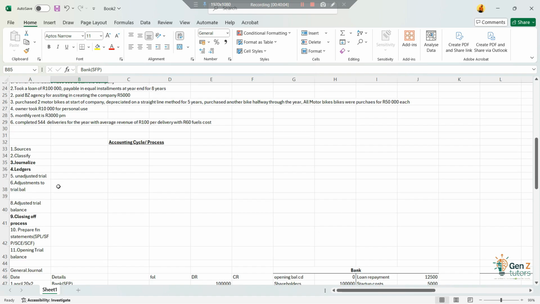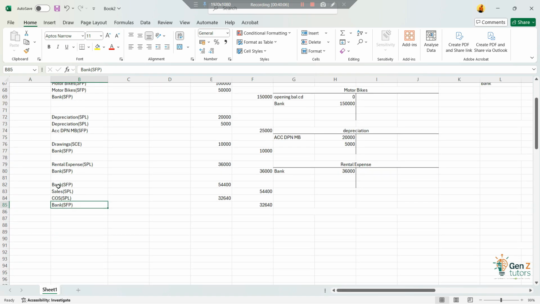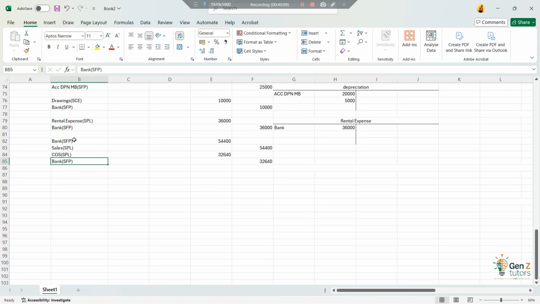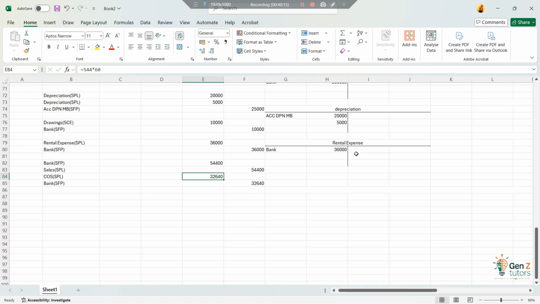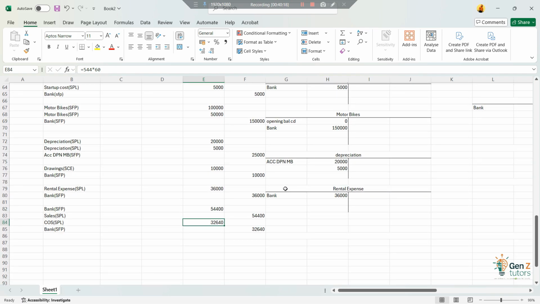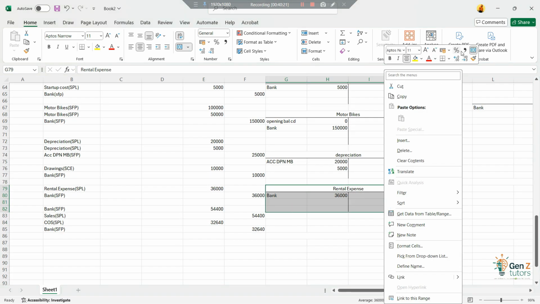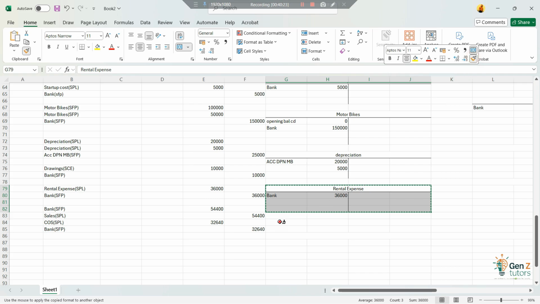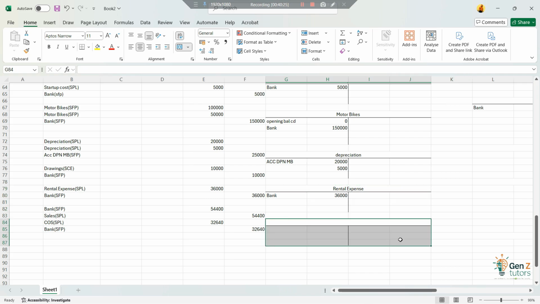And then from here, let's adjust for these transactions over here on the ledgers. Then we go and create ledgers again for sales. Just copy the format. Then you say sales.